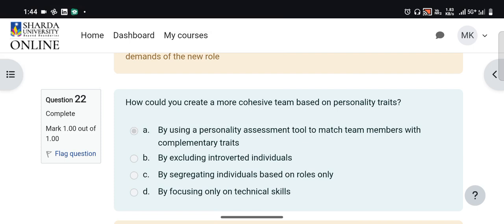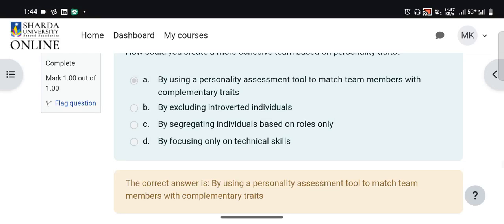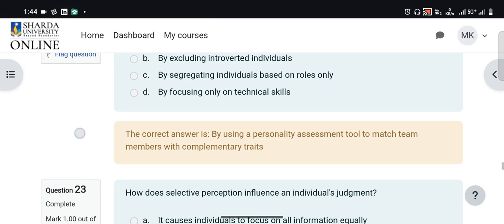Option C, by segregating individuals based on roles only. Option D, by focusing only on technical skills. The correct answer is by using a personality assessment tool to match team members with complementary traits.